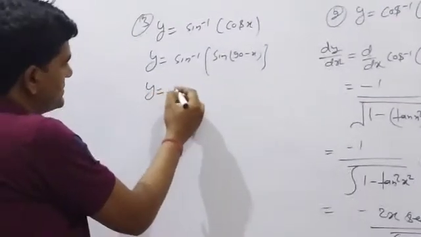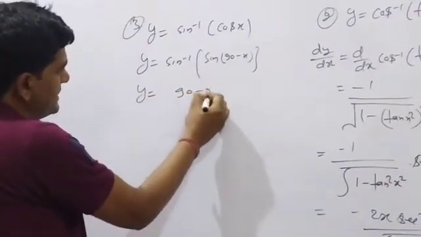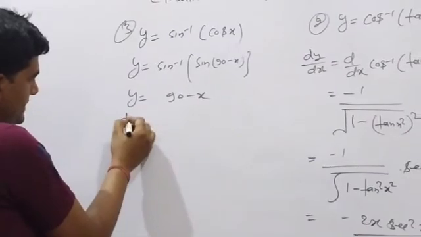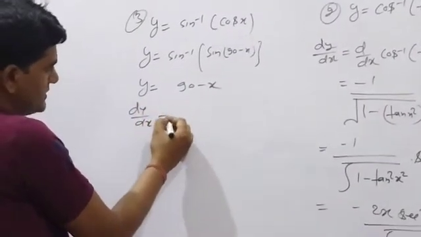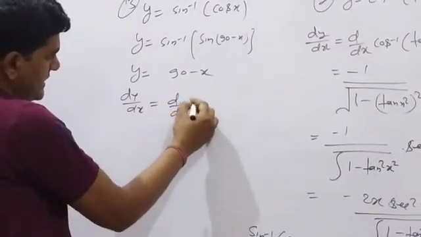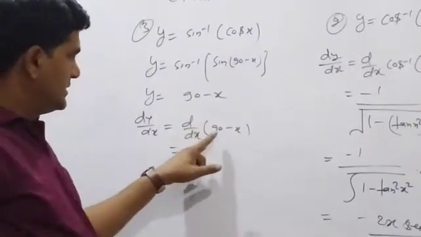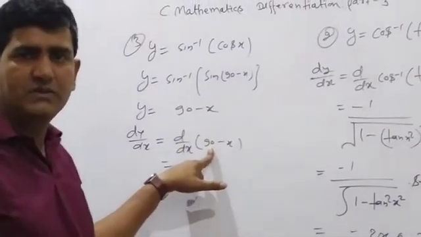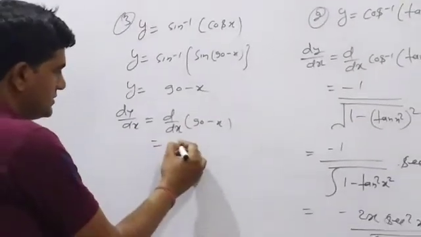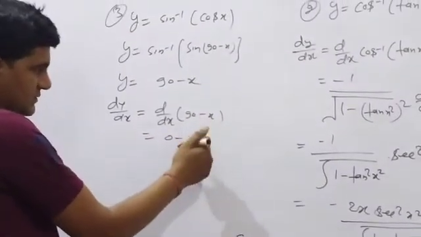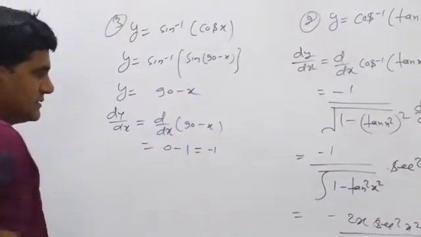That's why y is equal to 90 minus x. Then dy by dx is equal to d by dx of 90 minus x. As you know, the differentiation of any constant number is only 0. Then 0 minus the differentiation of x, which is 1, is equal to minus 1.